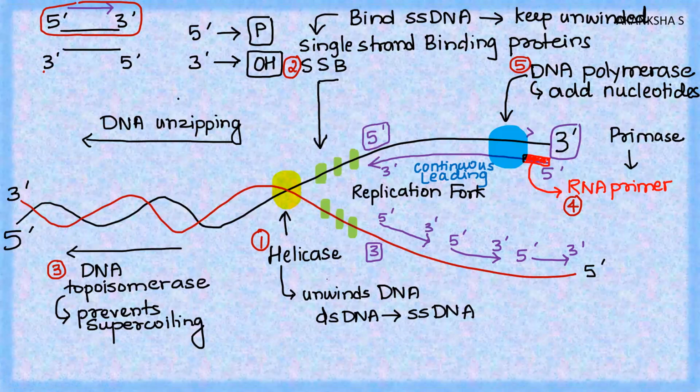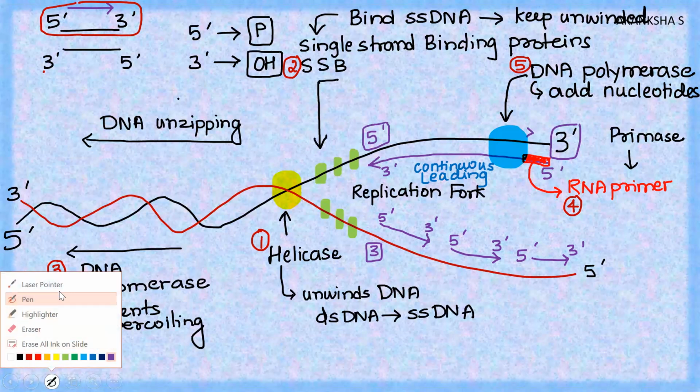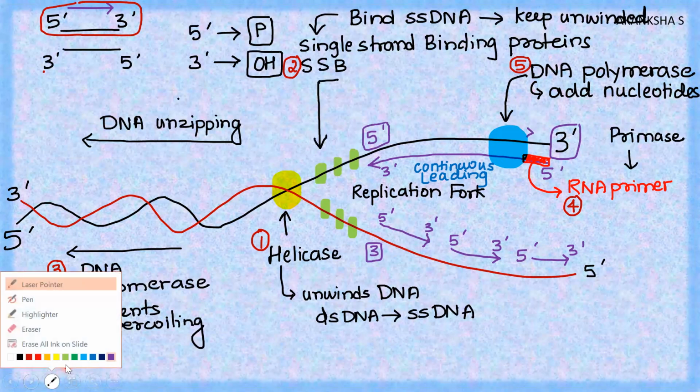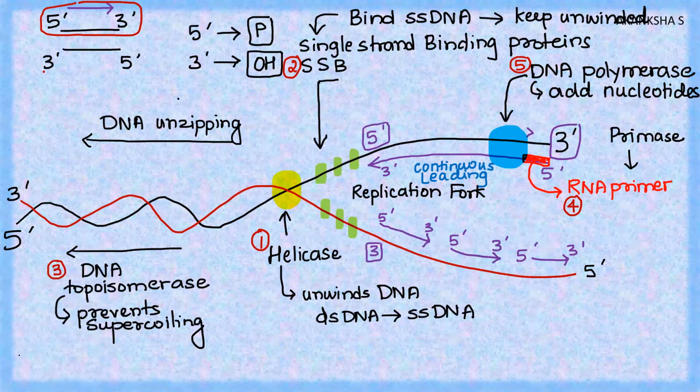Small strands in the direction 5' to 3' are synthesized. You might ask, why is this happening? Because technically it is running 3' to 5', but in the 3' to 5' direction your polymerase cannot add the nucleotide. Polymerase can add the nucleotide only in the direction 5' to 3'. That's why small sets of DNA are formed as and when the original DNA opens up.